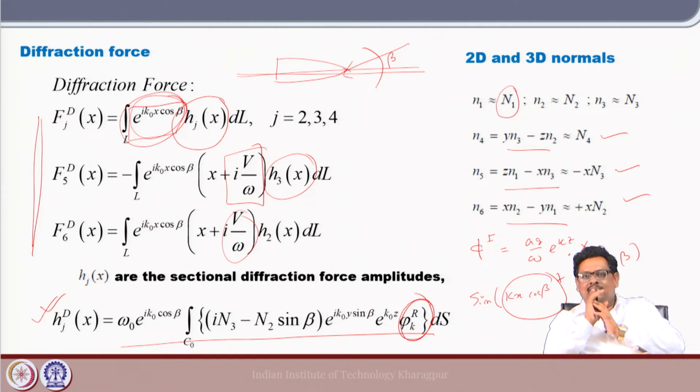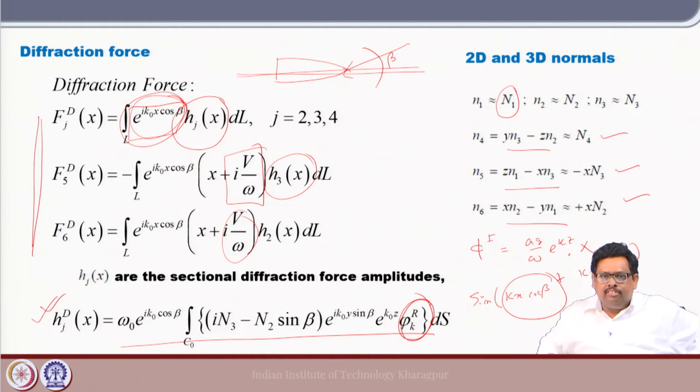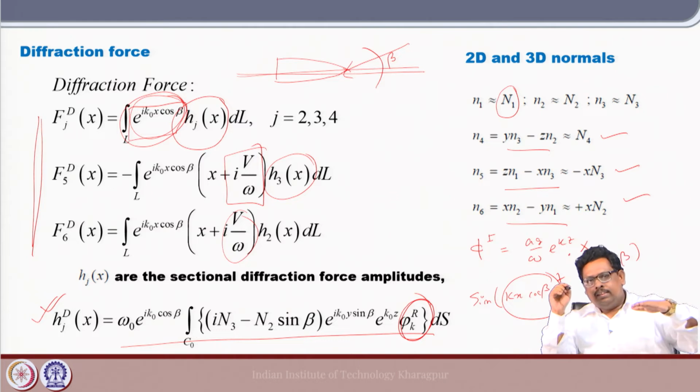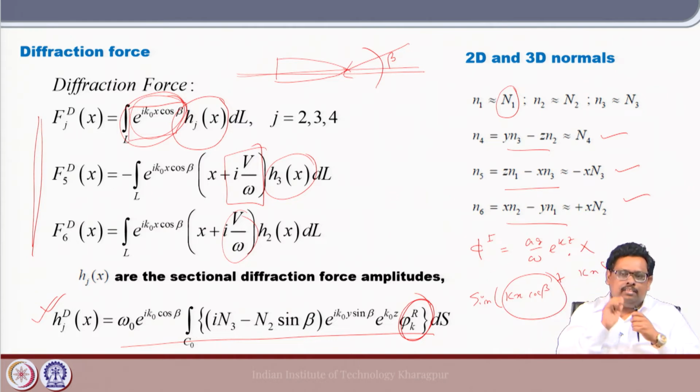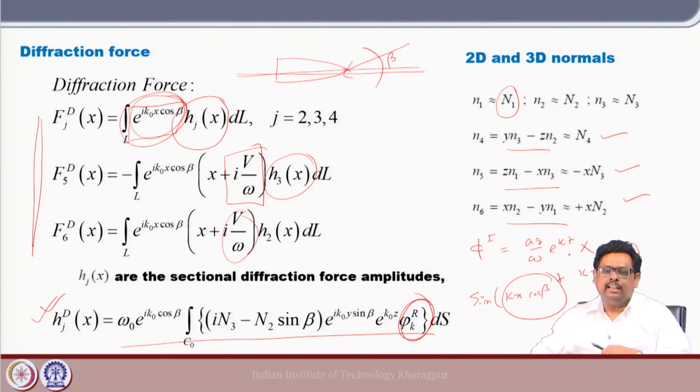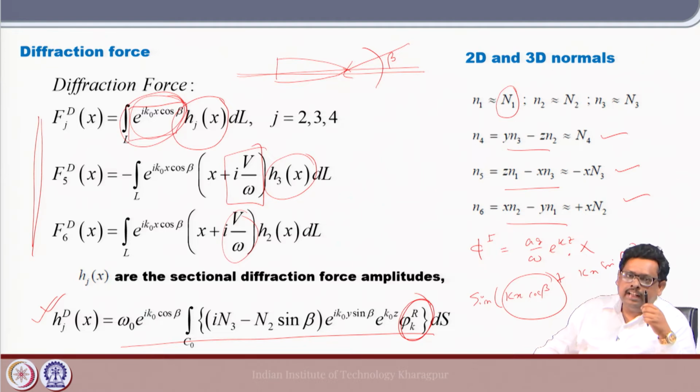This is very interesting, right. You see there are two different phenomena. One is that there are no waves, still water, and the body starts oscillating. In case of diffraction, the body stands still and the wave is hitting. Then how can I represent the radiation potential to get the diffraction force?